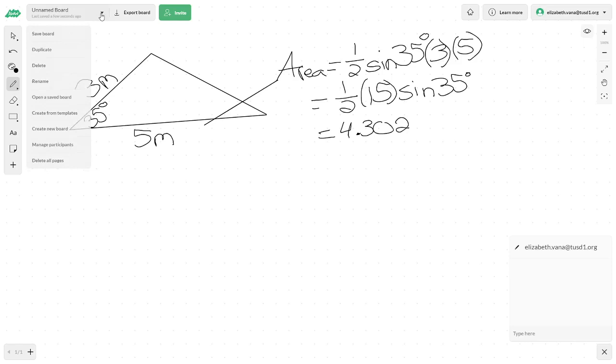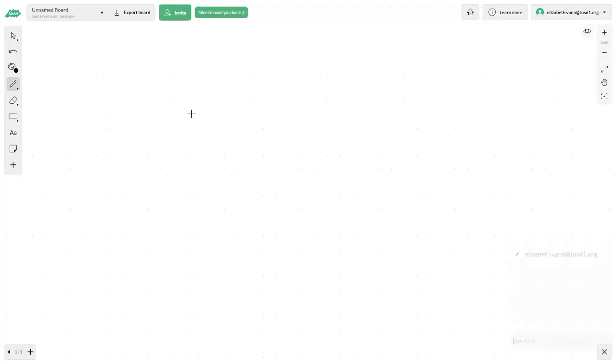So let's now look at what happens when we set those three equations equal to each other, the three equations to find the area of a triangle.